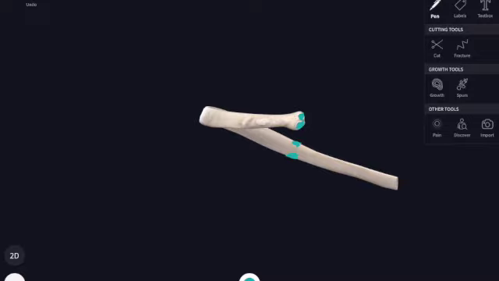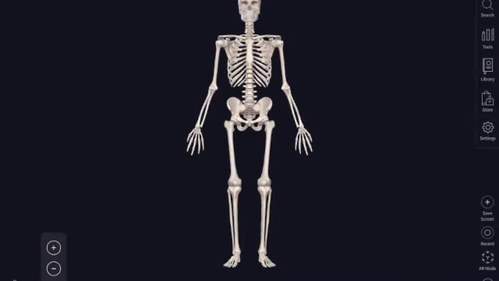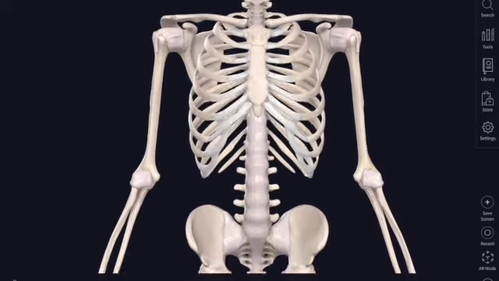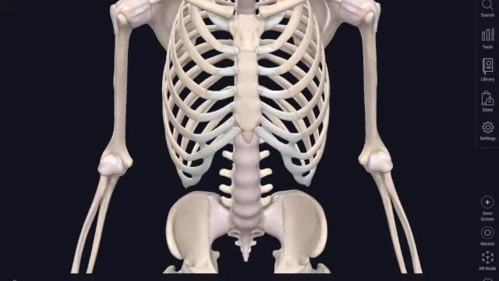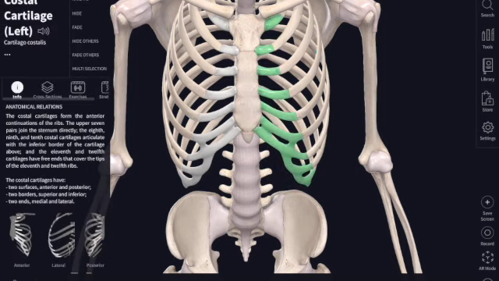Some pieces that you need to know: the head of the rib is here. The costal angle is where it starts to turn, and then the body. True ribs have one piece of this costal cartilage.